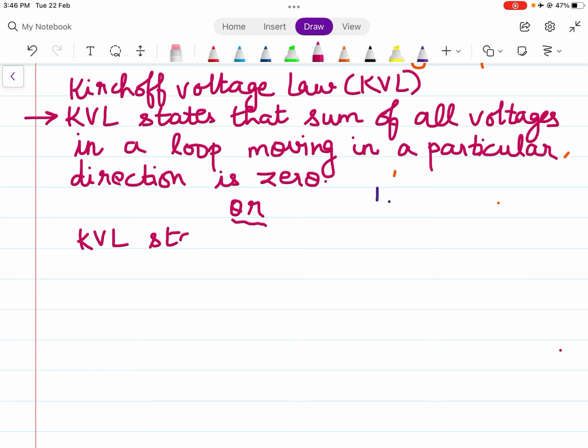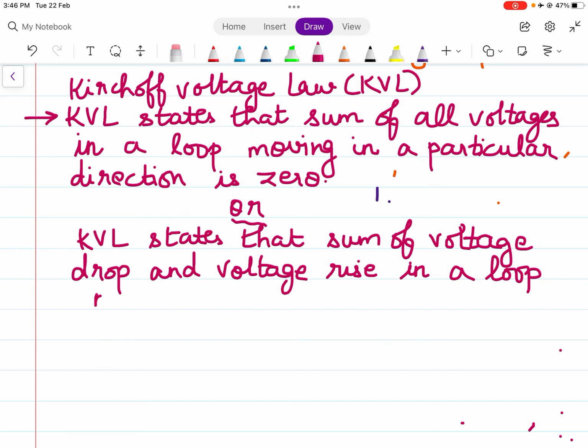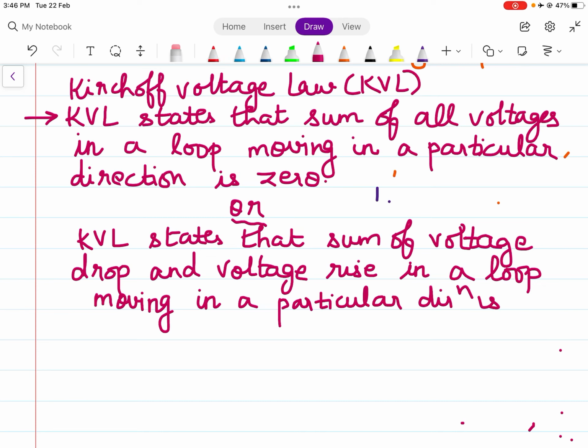Or KVL states that sum of voltage drop and voltage rise in a loop moving in a particular direction is 0.